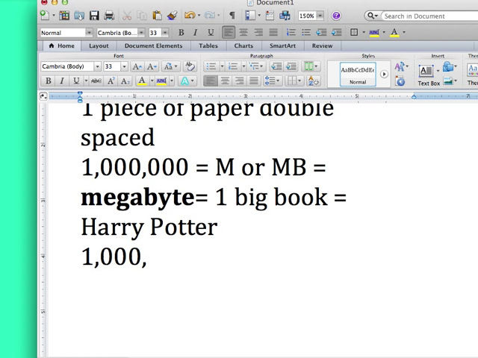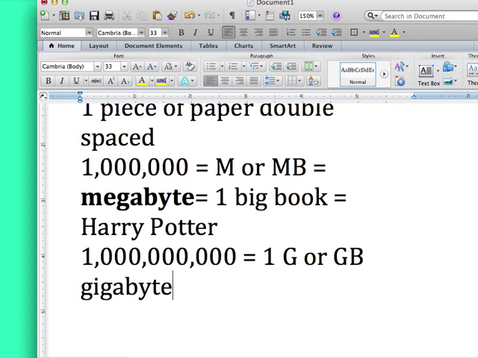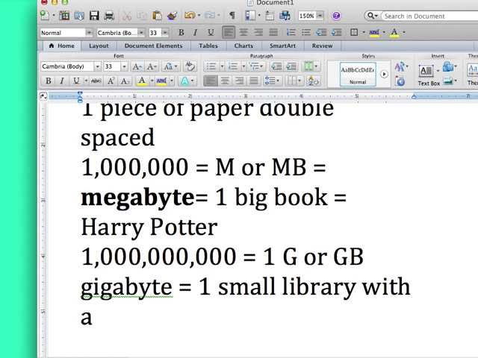1 billion bytes is called a gigabyte, either G or GB, spelled gigabyte, and that's equal to 1 small library with around 1,000 books.